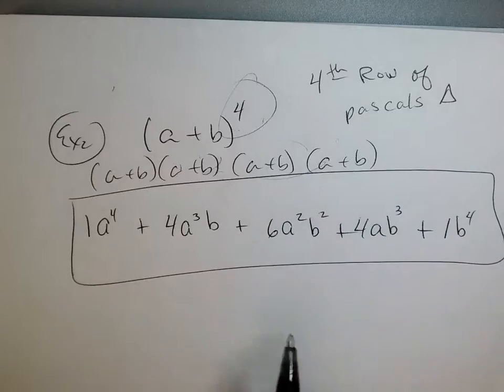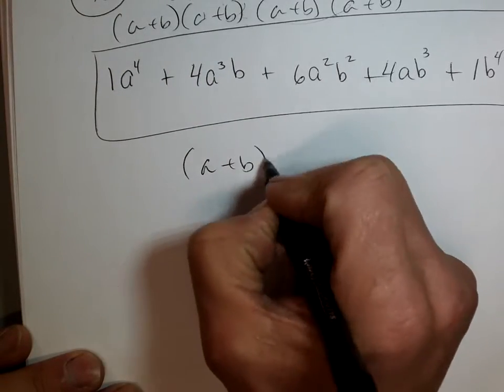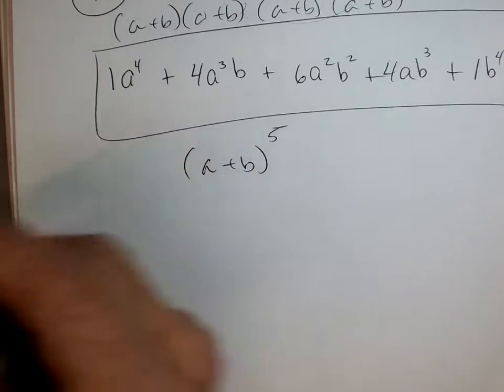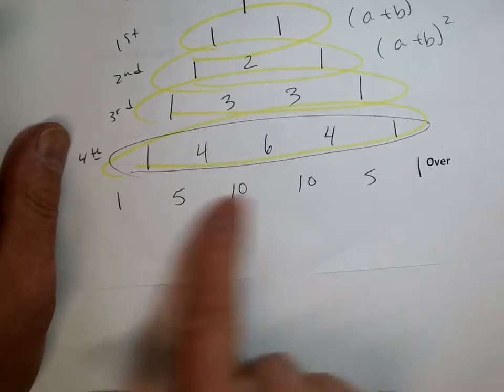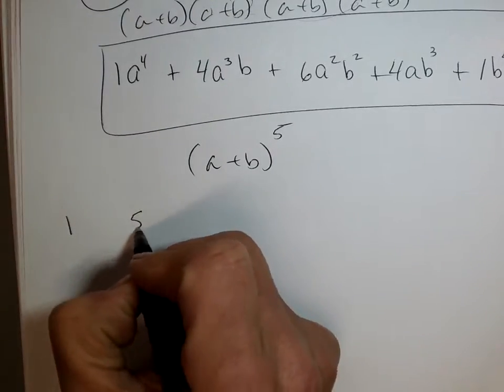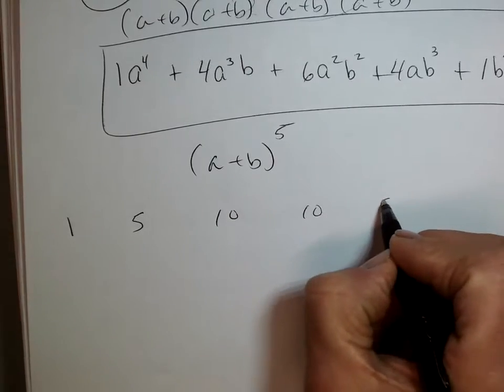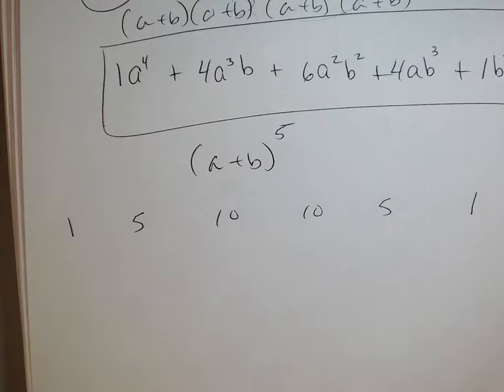So if we did an a to the 5th, right? If we did, for instance, an a plus b to the 5th, we'd find the 5th row of Pascal's triangle, right? And I'd go my 1, 5, 10, 10, 5, 1. And instead of writing it out 5 times and doing a superfoil, the answer would be simply this.